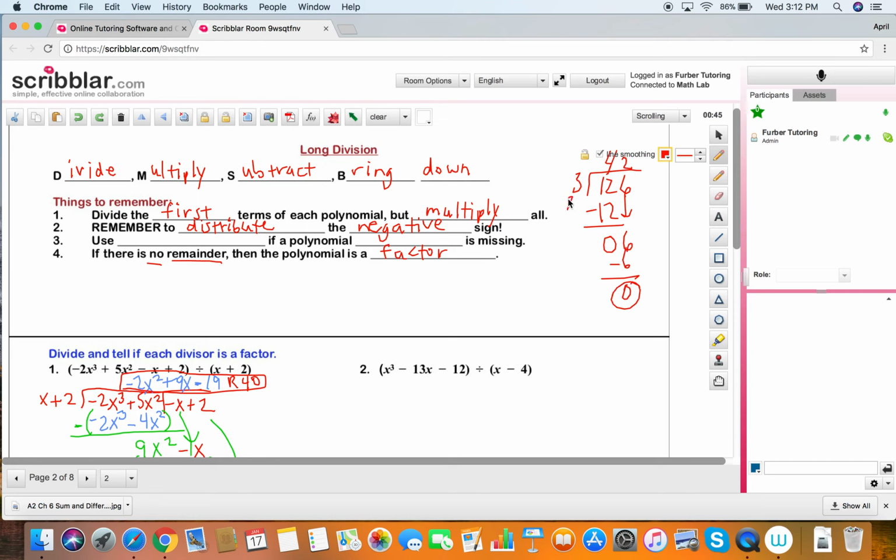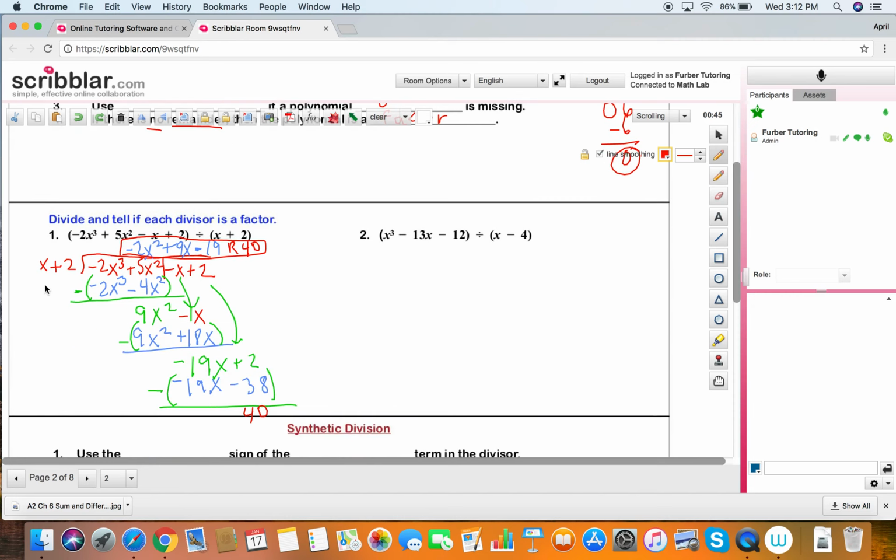We would say that 3 is a factor, okay? So if there's no remainder, then we say that the divisor is a factor, okay? Well, in this case, there is a remainder. So therefore, that means that x plus 2 is not a factor. It's not a factor of this polynomial. So basically, we just checked it, and it's not a factor.